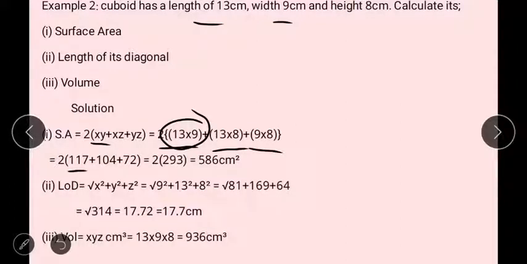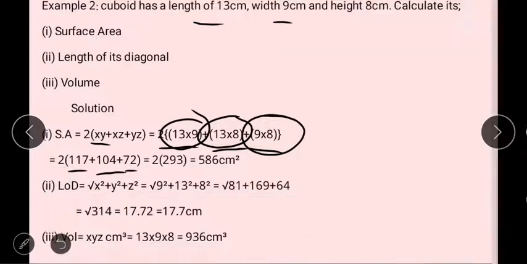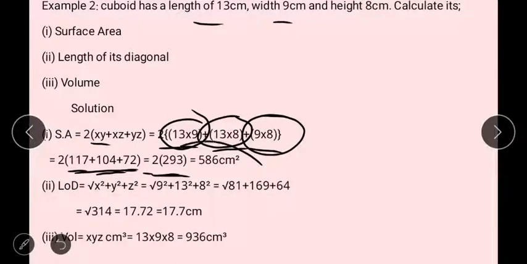That is it there. 13 times 8 is what? 104. Thank you. Don't forget your plus. Then 9 times 8 is what? 72. If you try to add these 3 numbers together, what will it give you? 293 multiplied by 2. And that gives you what? 586 as your final answer.